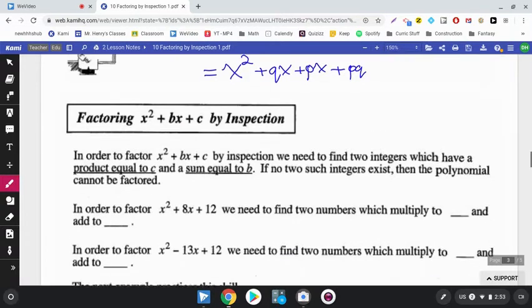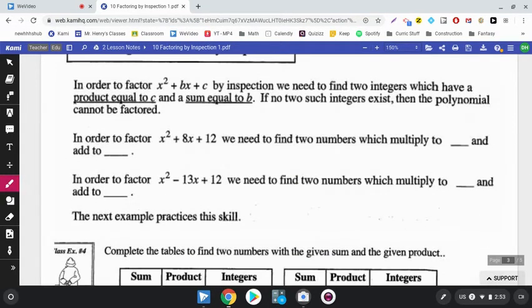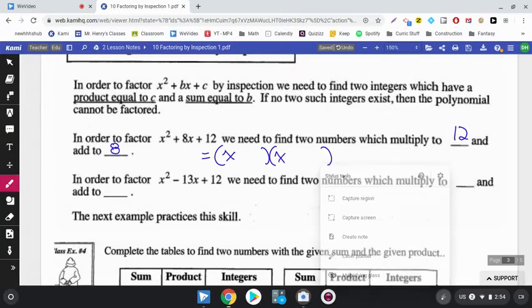So if I wanted to look at an example, this is the question I would ask myself. X squared plus 8x plus 12. If I wanted to factor that, if I wanted to write that as a product, I would find two numbers that multiply to 12, multiply to the constant, and add to 8. If I could find those numbers, I could fill them in because I know they go in the back end of the binomials.